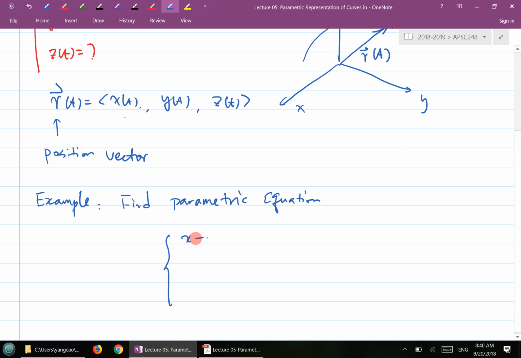Find the parametric equation if you're given two planes.